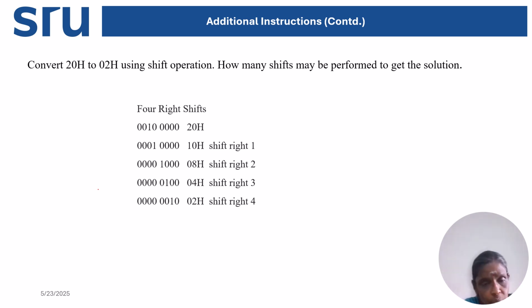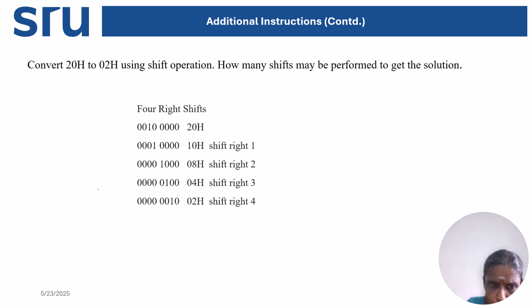And then third bit. So all together 3 bits you can do, but one by one if you do, we can find out the equivalent. So 0 0 0 0 0 1 0 0. So MSB is made 0 and it is equivalent to 04H after shifting 3 bits, right?